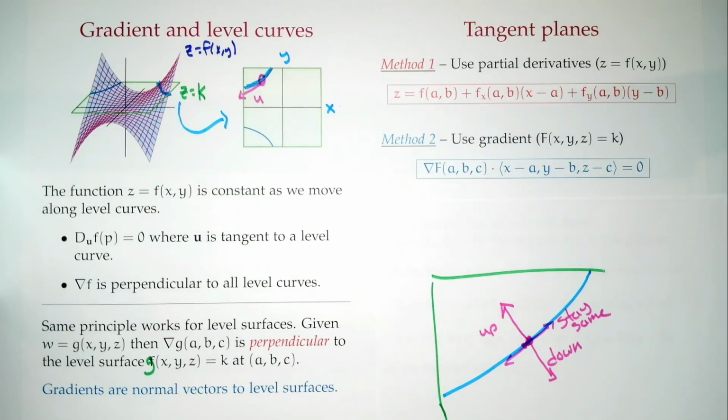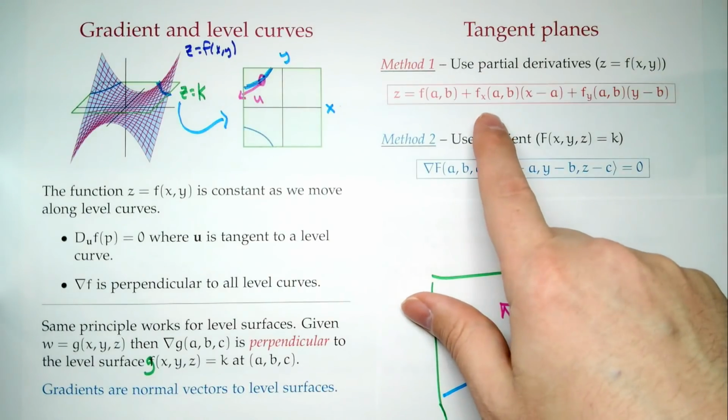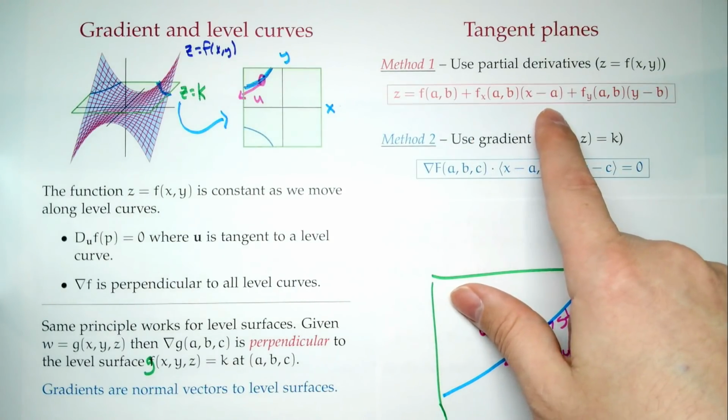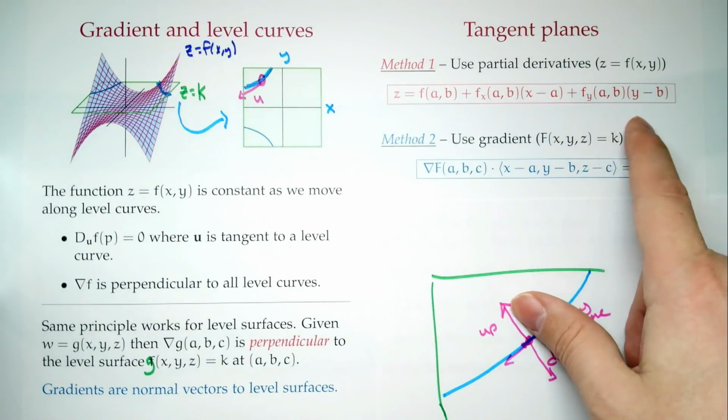It says, let's look at our partial derivatives. So then z would be f of a, b, and you can think of f of a, b as telling you how far up and down vertically to shift. The partial f partial x tells you how much to tilt in one direction. Partial f partial y tells you how much to tilt in the other direction. And that gives you your plane. So z is f of a, b plus the derivative with respect to x at a, b times x minus a, plus the derivative with respect to y at a, b times y minus b.